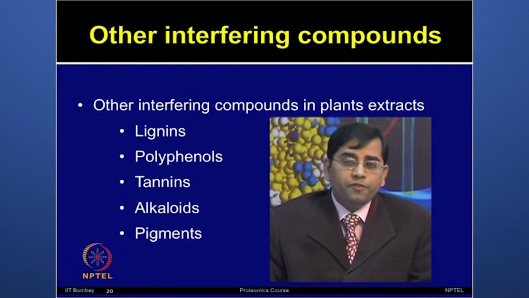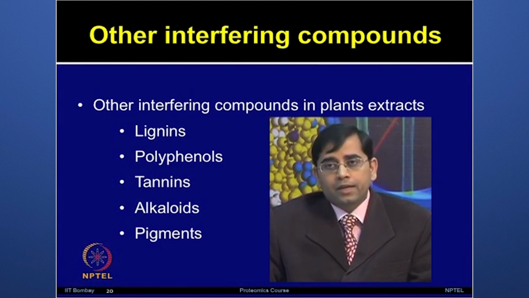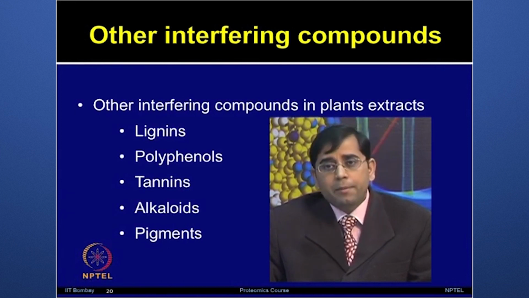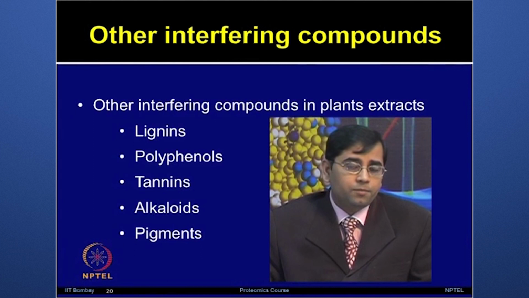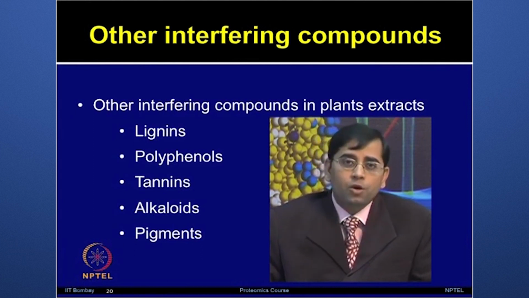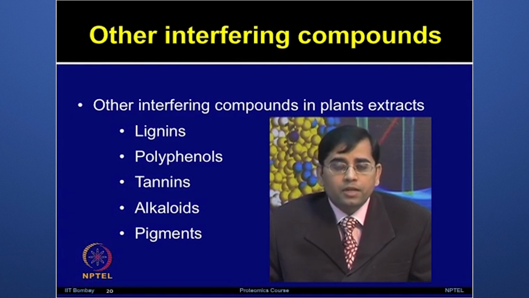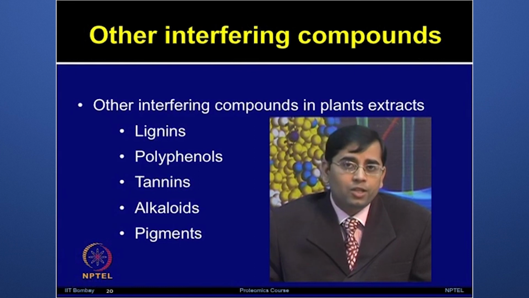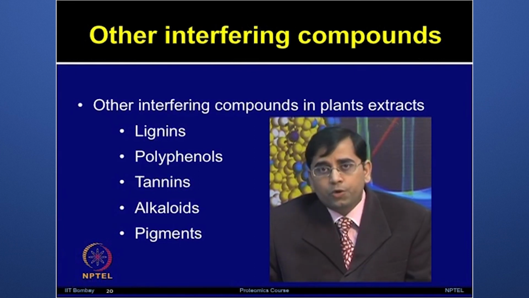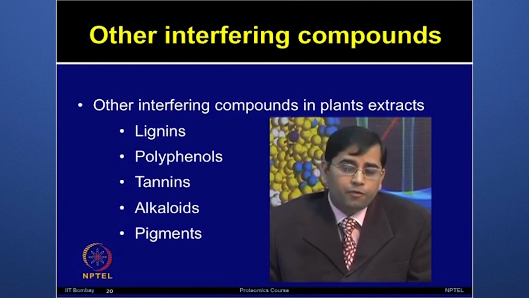So, we have talked about different types of interfering components. In the last bit, I will just say that this is not the end of the list. There are many other interfering compounds, and depending upon your unique biological sample, you may encounter more and more interfering compounds, and you may have to come up with new creative ways of removing those interferences, so that your proteomic study can be performed with very high quality.